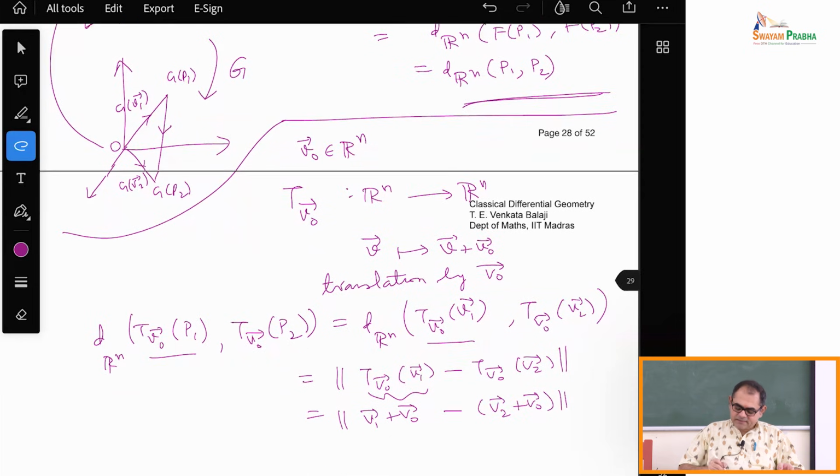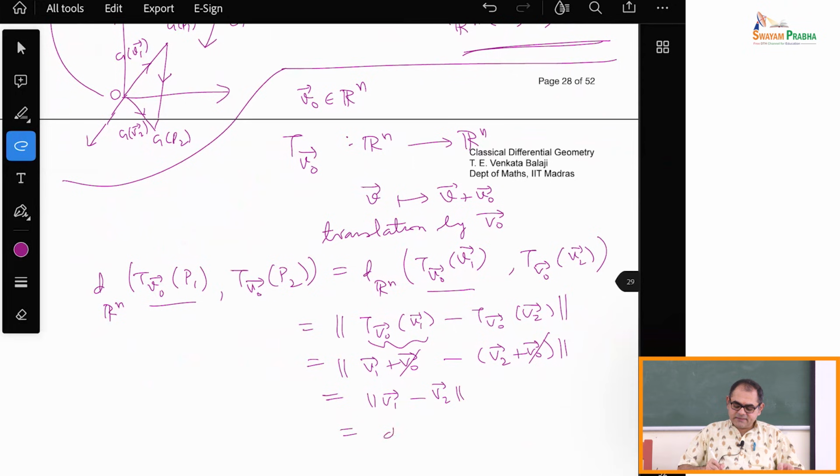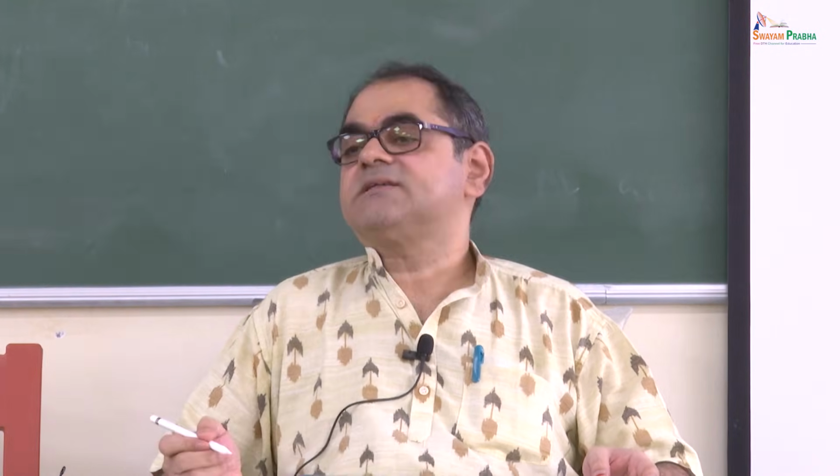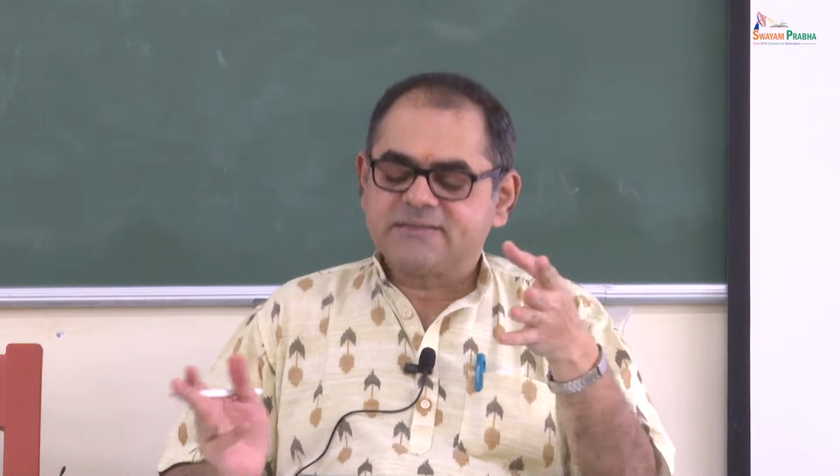Okay, and this V naught is going to cancel out, and then what I'm going to get is norm of V1 minus V2. Okay, and this is by definition the distance in Rn between P1 and P2. So the distance in Rn between the translates is the same as the distance between the original points. If you write it down, it looks messy with some notation. Okay, translation is not going to affect the distances.